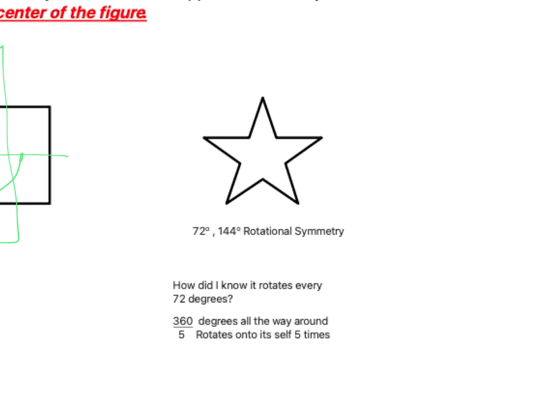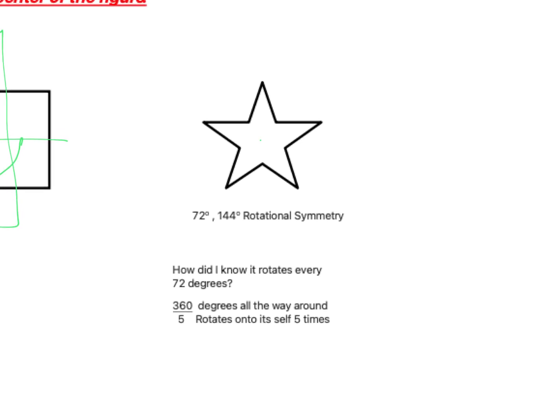Okay, if you look at the star, if I put a pin in it right here in the middle, it's kind of like a pinwheel, and you started spinning it, think about how many times it would land on itself. Well, it would rotate this far when this point gets over to here, and it'd look exactly the same. And then we could rotate another so many degrees. Well, how many degrees is each of those rotations?